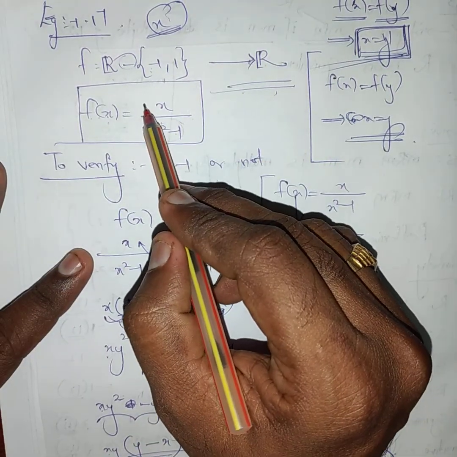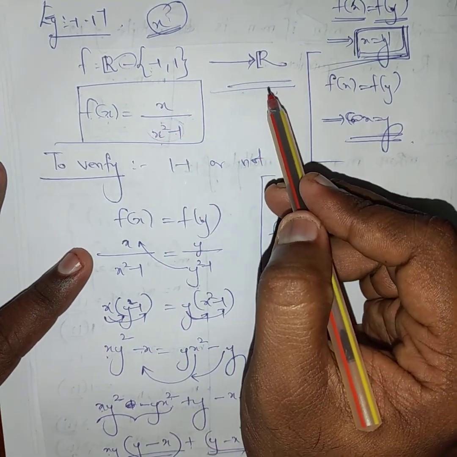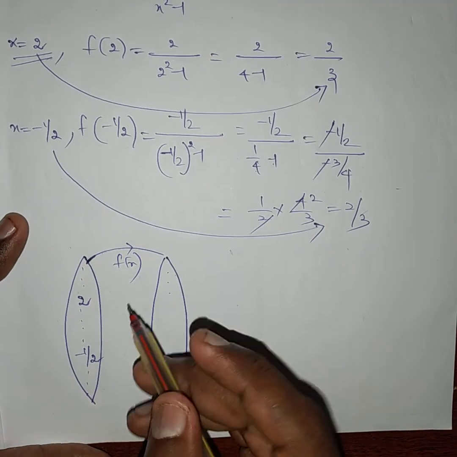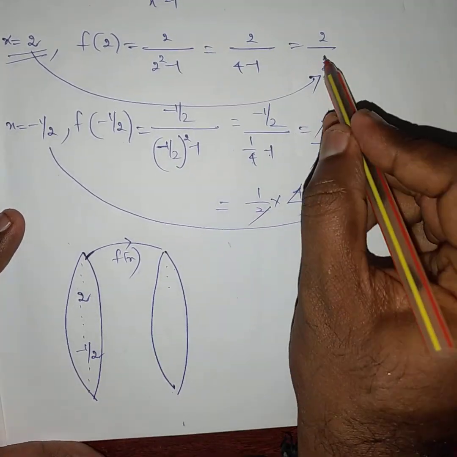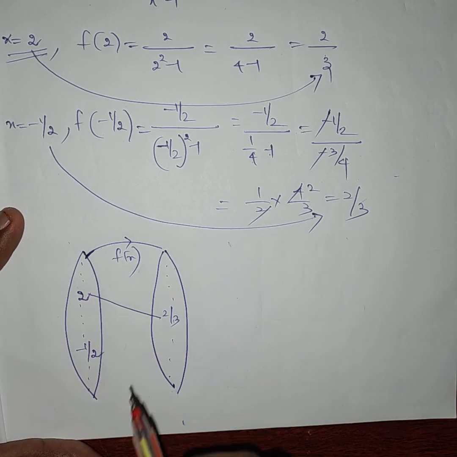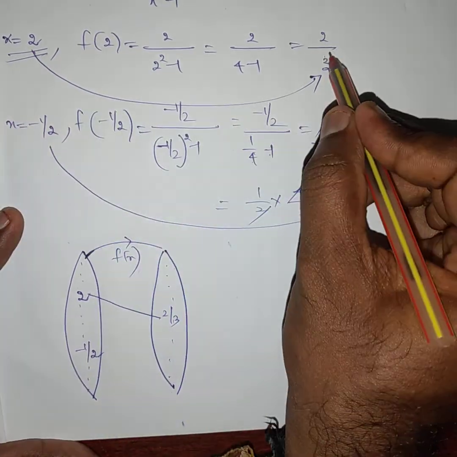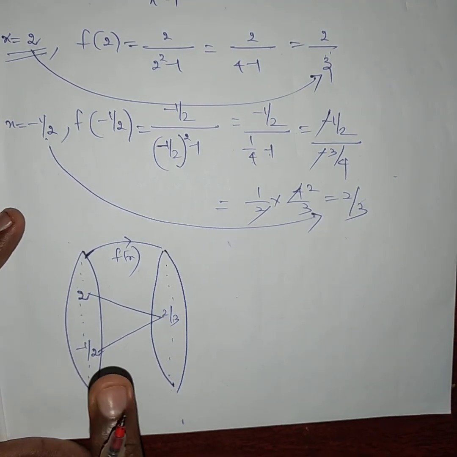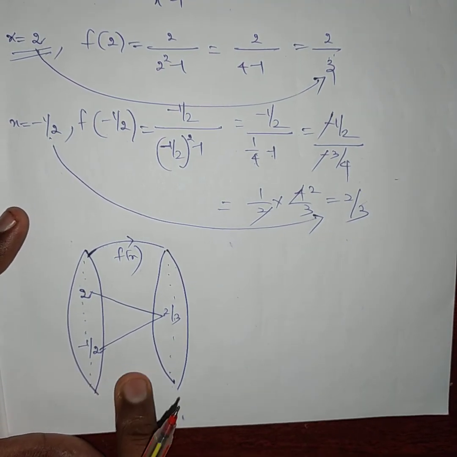The domain is real numbers, the codomain is also real numbers, but the only exception is that minus 1 and 1 should not be present. Here 2 maps to 2 by 3, and minus 1 by 2 also maps to 2 by 3. So therefore it is not a one-to-one function, this is a many-to-one function.